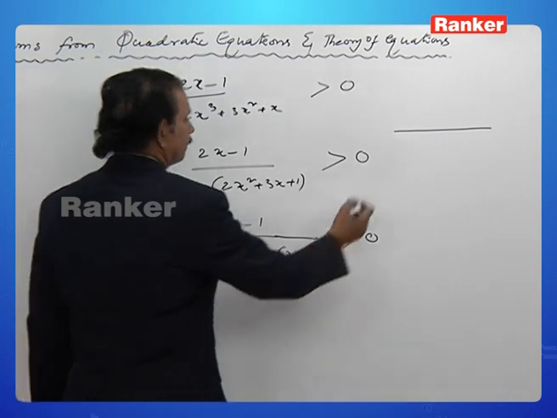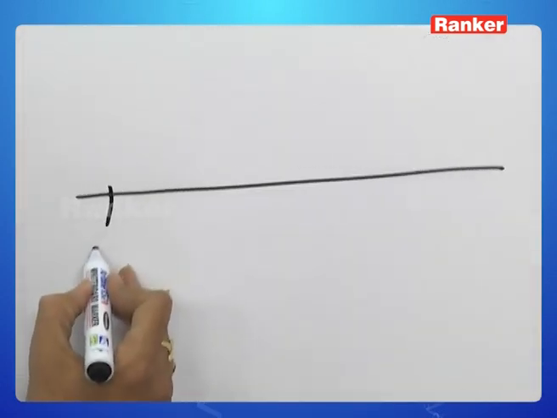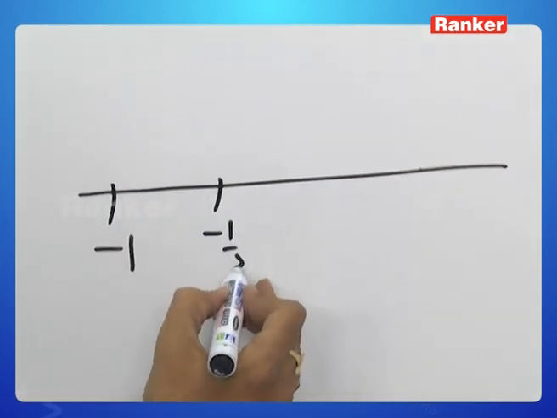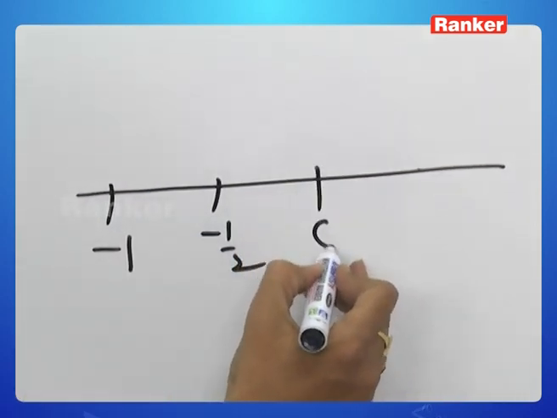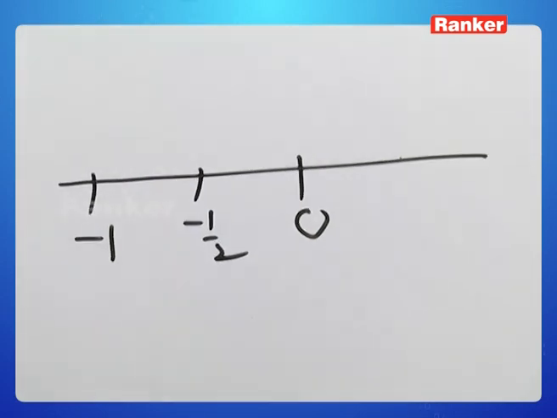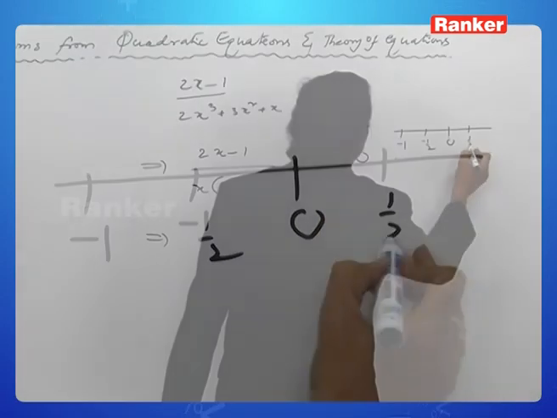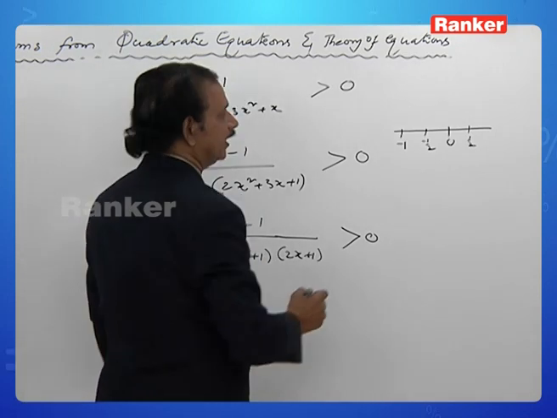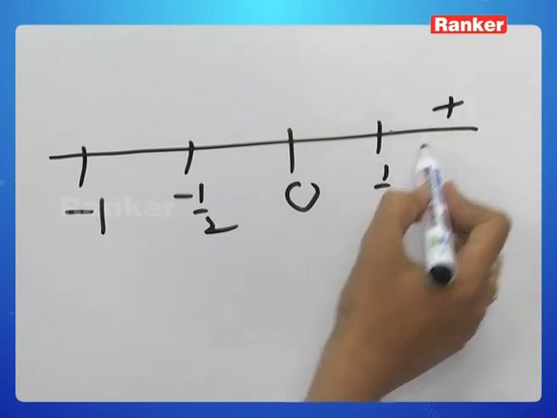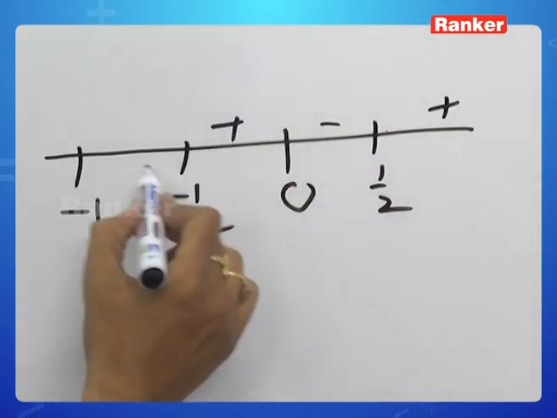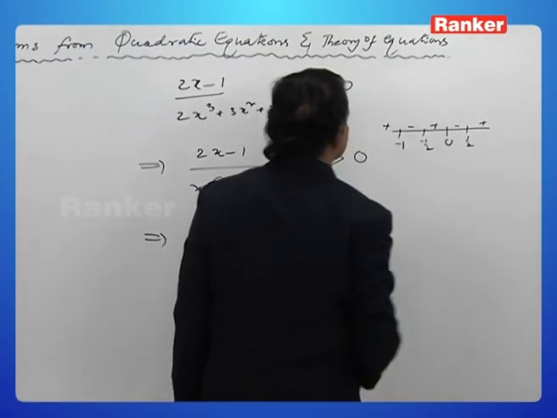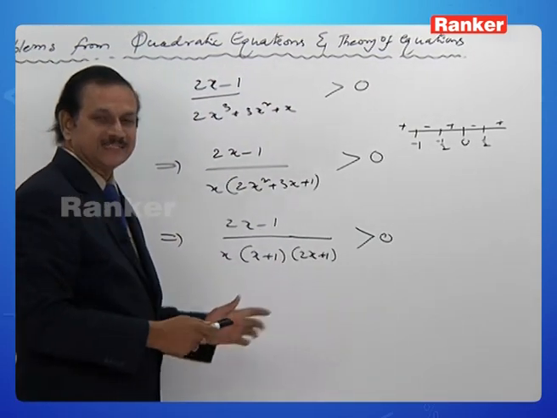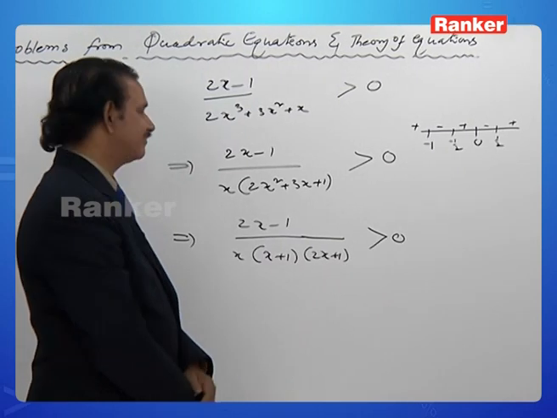Minus 1. Next, minus half. Next, 0. Next, 1 by 2. So the largest number is half. Here plus, minus, plus, minus, plus. What do we want to have? Greater than 0.